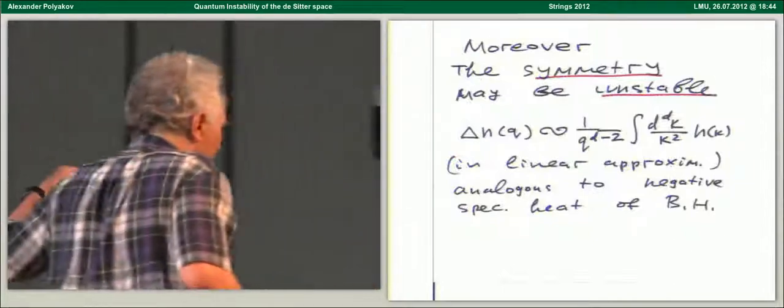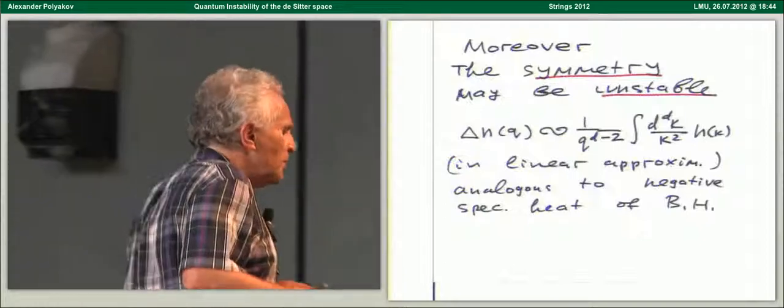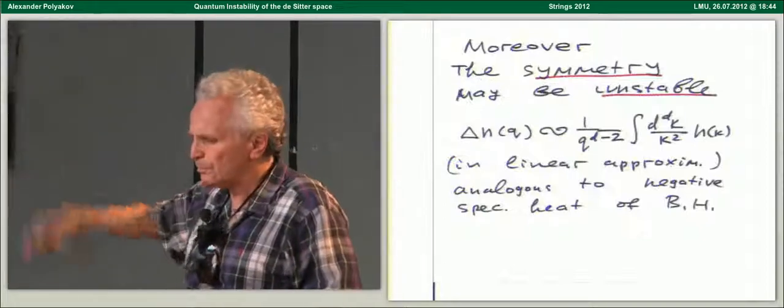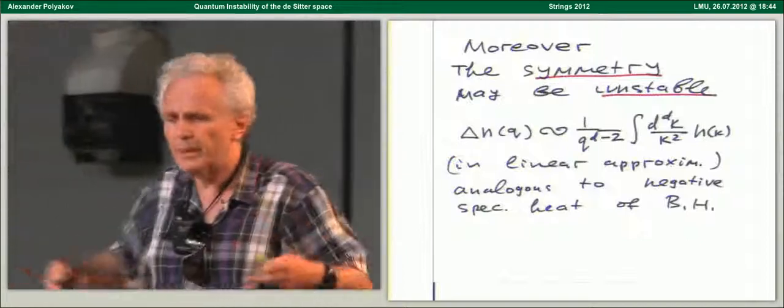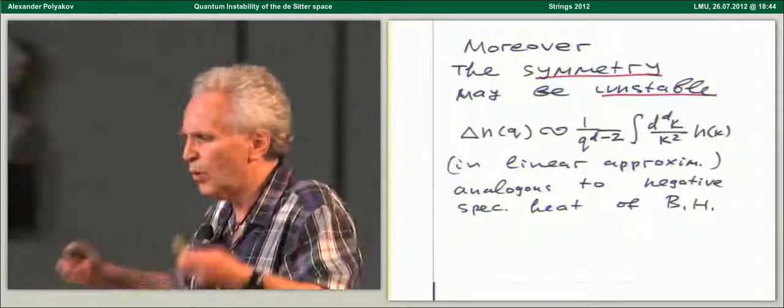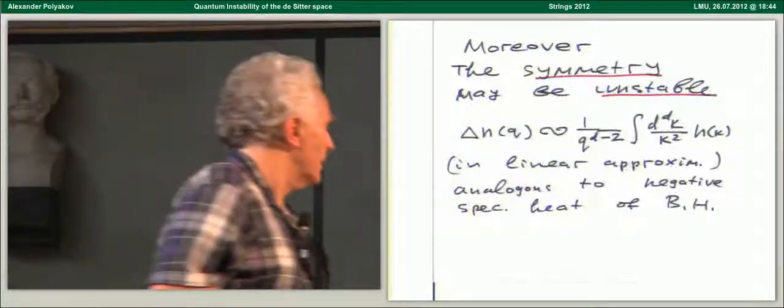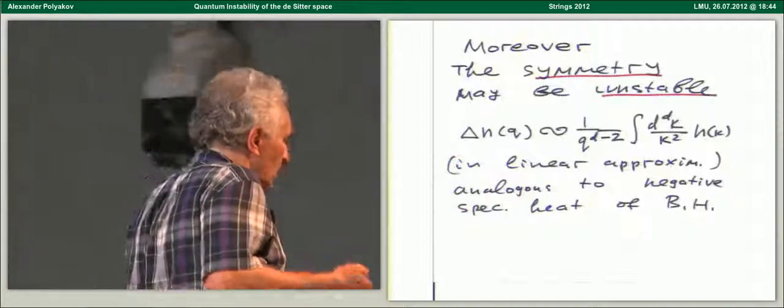Then, after some simple calculation, you can claim that there is a linear instability, that there will be more and more creation of particles, and as a result, the symmetry will break down.